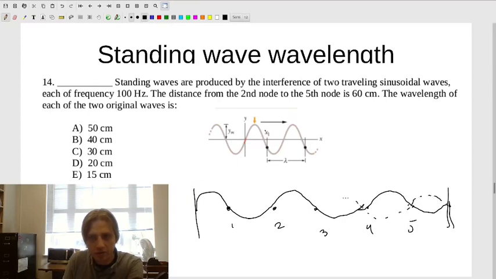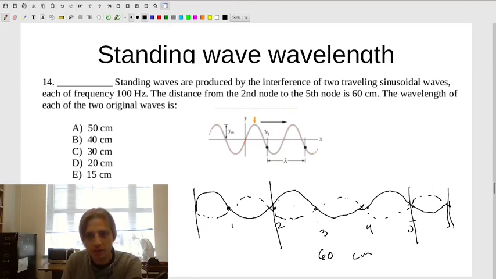But the nodes are the places where the medium is not experiencing any displacement. Okay, so it tells me the distance between the second node, right there, to the fifth node, right there, is 60 centimeters. Then it asks what the wavelength of each of the two original waves is.